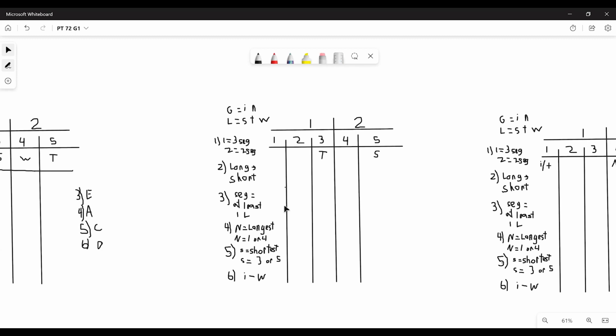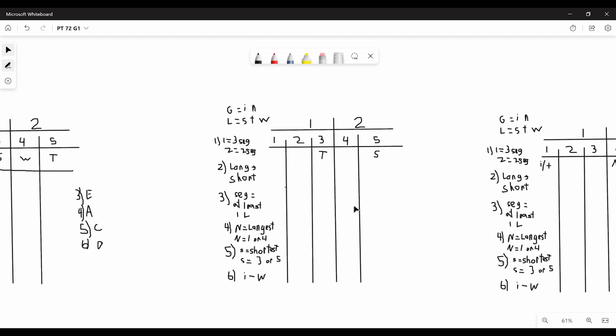We could have drawn different diagrams, but on test day that might have cost us more time. Regardless, because T is in place number 3, S has to be 5 in the second segment, because S is subject to the rule that it has to be the shortest.